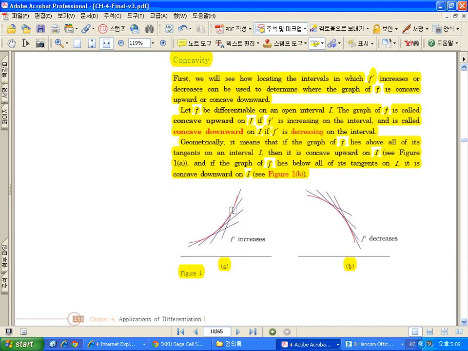Okay? So from here, if the slope changes, if the slope increases, if f prime increases, then we can easily see the graph have a concave downward like this. Okay, and if f prime decreases like this, then we can have a concave upward.